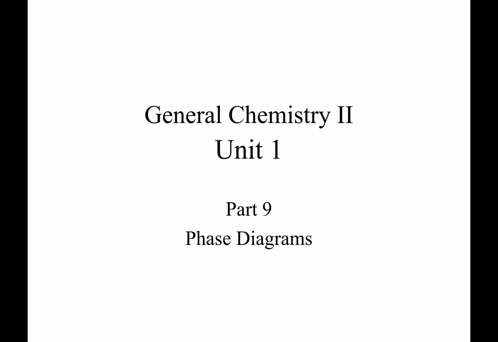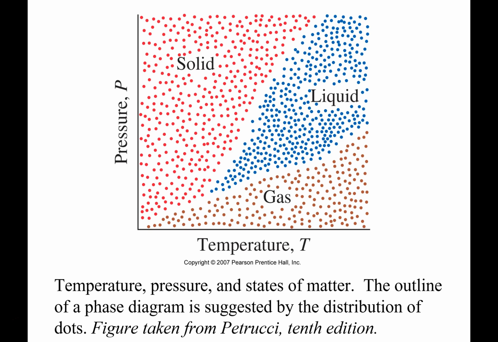We can actually throw the liquids and the vapors and the solids up on a table, and it's called a pressure temperature phase diagram. We're all really familiar with the temperature part: you can take a solid, pump it with energy and it will melt, and you can take a liquid and pump it with energy and it will gasify.